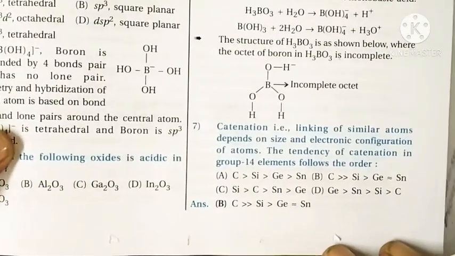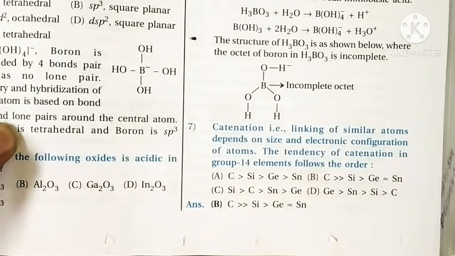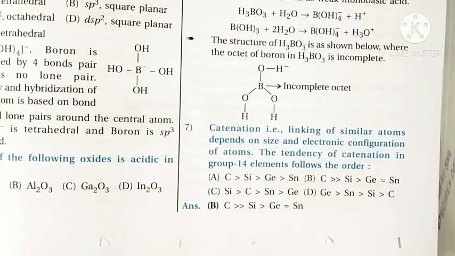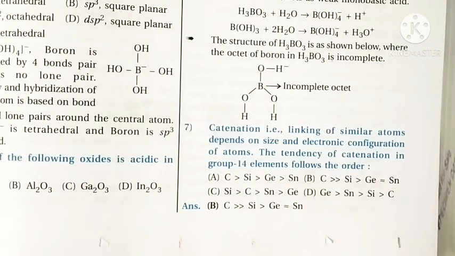Next is number 7. Catenation means linking of similar atoms, and depends on the size and electronic configuration of atoms. The tendency of catenation in group 14 elements follows the order from carbon to silicon, silicon to germanium, and germanium to tin, which is the correct order.